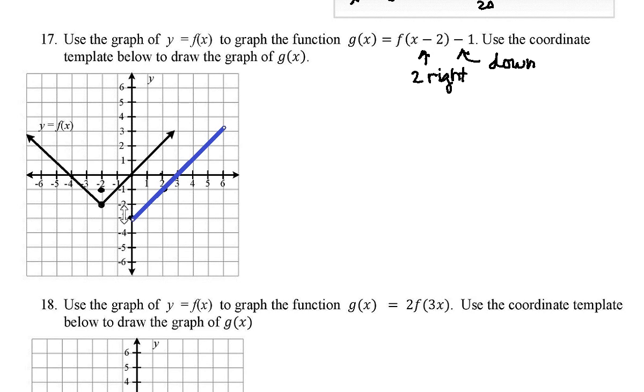So the blue graph is the shifted. Okay, so this is our function g of x, which is f of x minus 2 minus 1.